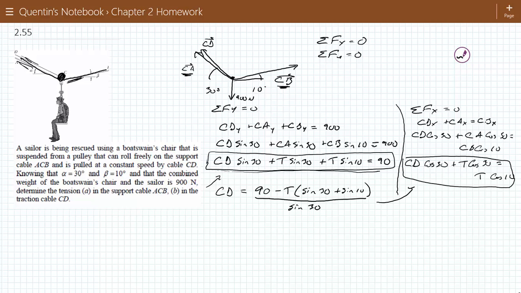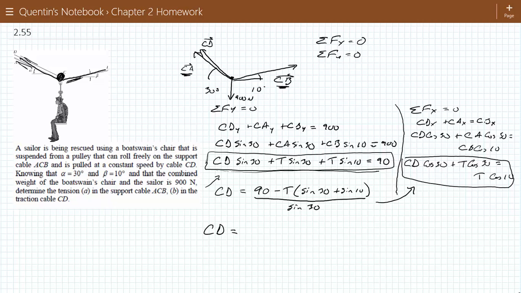Plug this into here, and you end up getting that CD is equal to 166.3 newtons, and T is 1213 newtons.